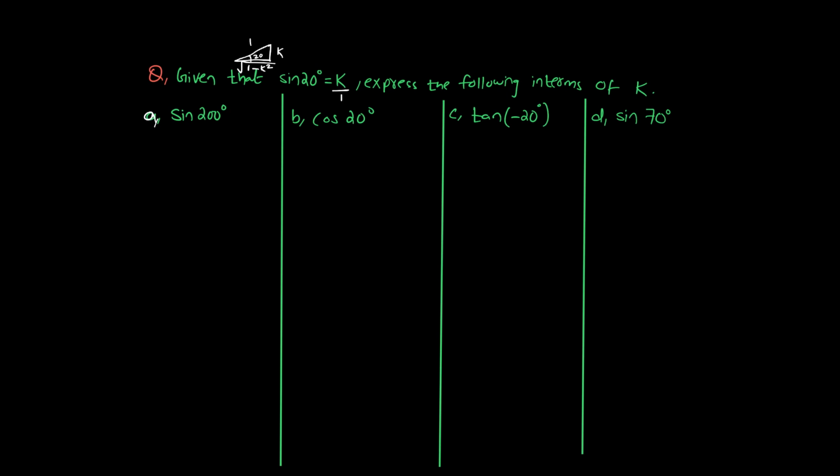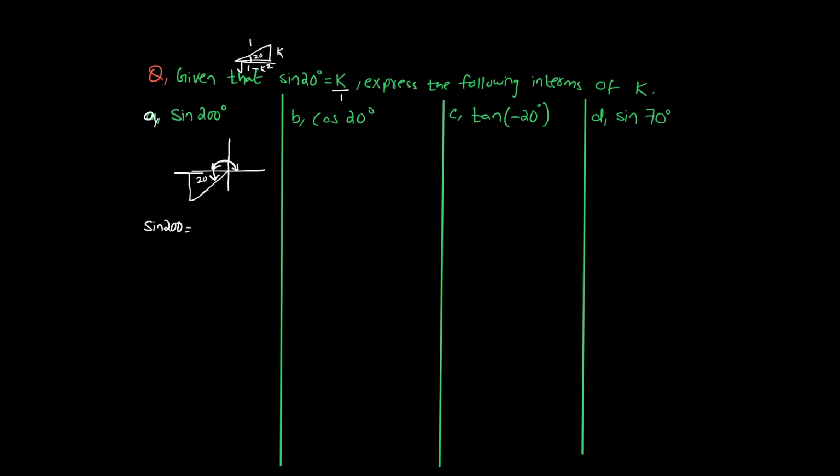So sine 200 degree means that the angle is in the third quadrant. This is angle 200, and you know that this angle is 180, so this angle would be 20 degree. So one thing is clear, that sine 200 means that your right angle triangle would be formed in the third quadrant, having the basic angle of 20.